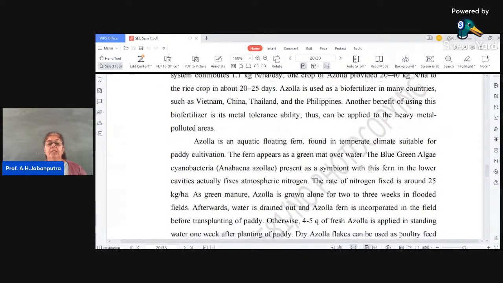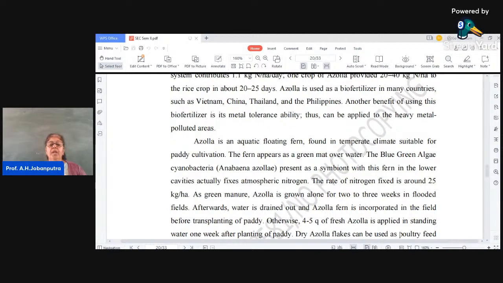So this Azolla appears like a green mat on the surface of water. आणि Azolla आणि Anabaenaचं, if there is a symbiotic association between cyanobacteria, Anabaena and Azolla, then this symbiotic association provides a lot of nitrogen, and the nitrogen fixed is around 25 kilograms per hectare.